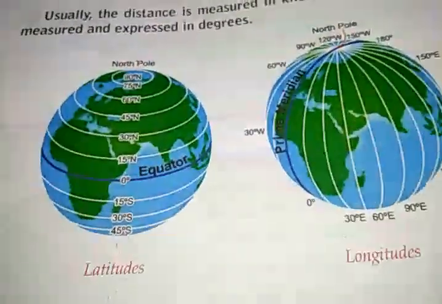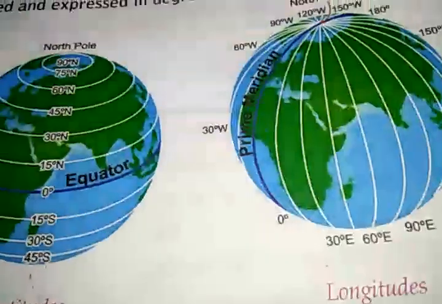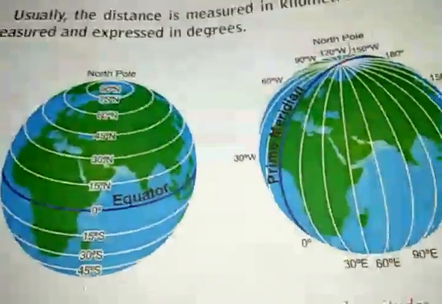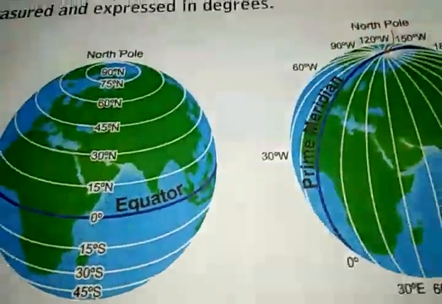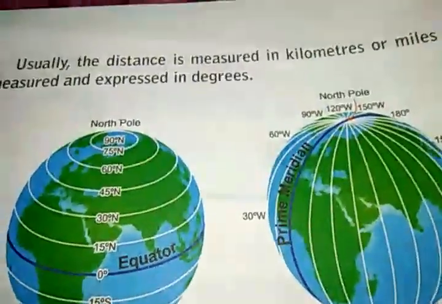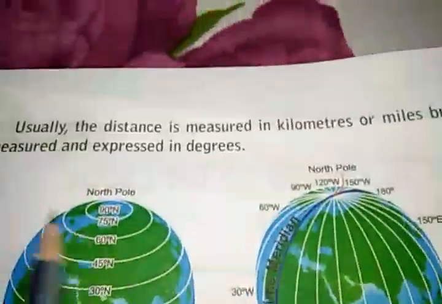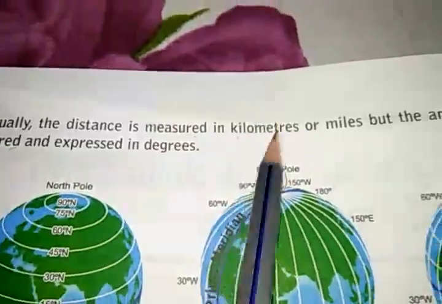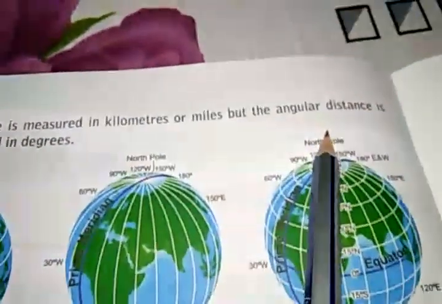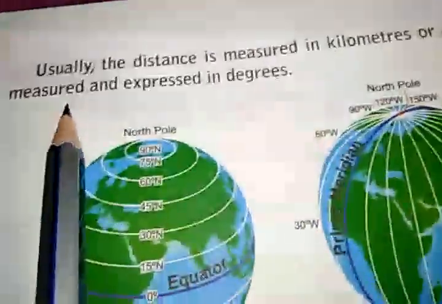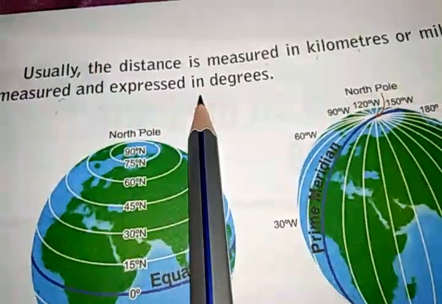So how many latitudes are there? One, that is 90 degree in the north and 90 degree in the south. 180 degree latitudes are there. Usually the distance is measured in kilometer or miles, but the angular distance is measured and expressed in degrees.